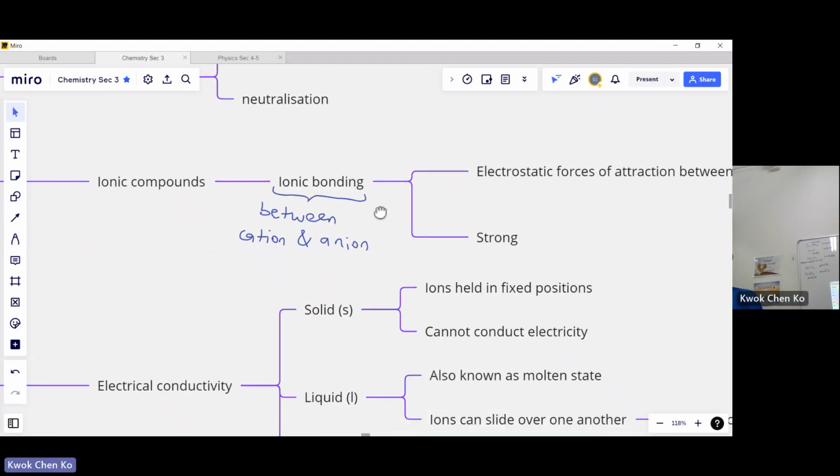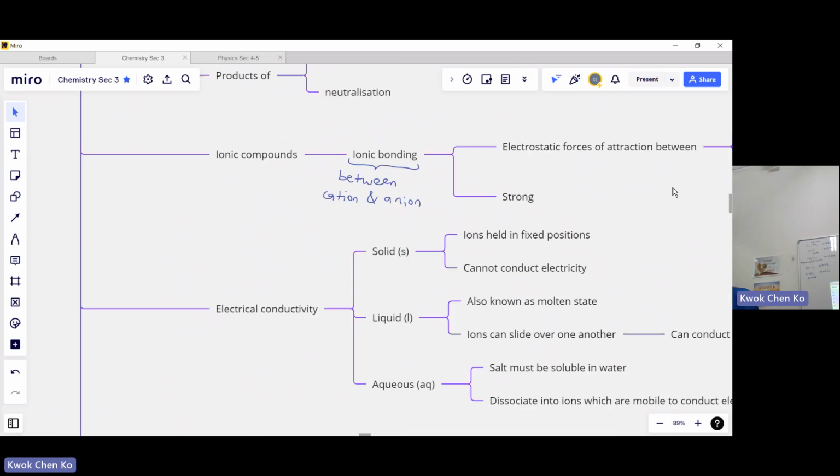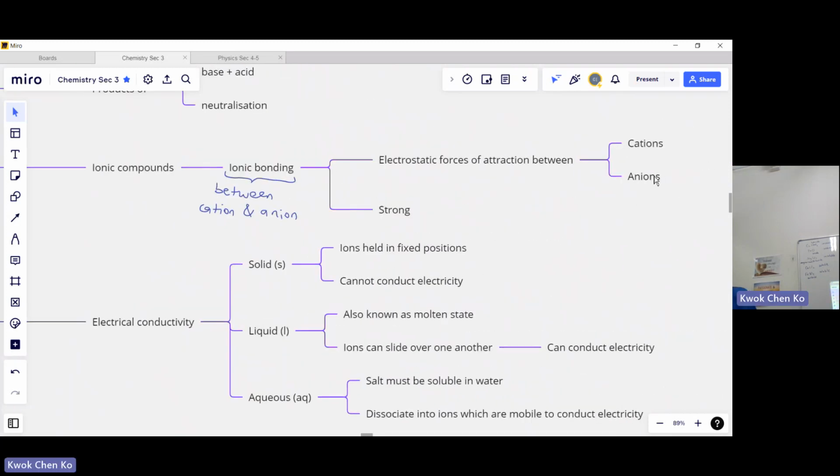What else? Remember ionic bonding? Electric forces of attraction. So ionic bonding involves electrostatic attraction. But I want you to remember strong. Usually when they ask about ionic bonding, you have to say that they are strong, hard to break, needs a lot of energy to break.